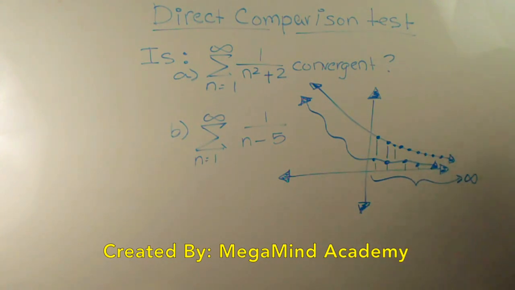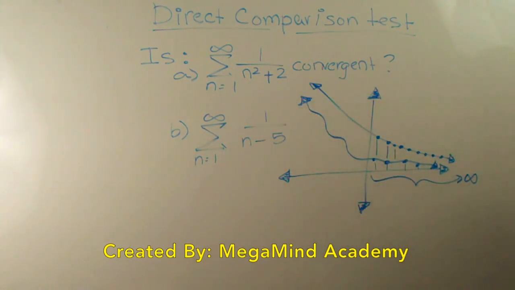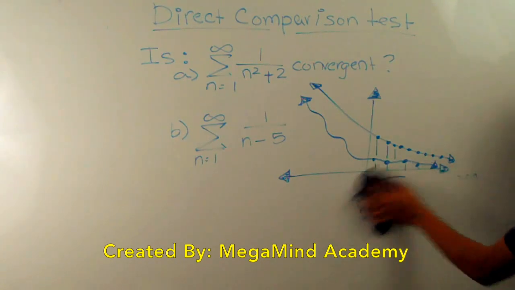So when you add this up, it also has to be finite. So this shows how you can figure out, using a direct comparison test, whether a function is convergent. So this is known as the direct comparison test. So let's look at another example of the direct comparison test.